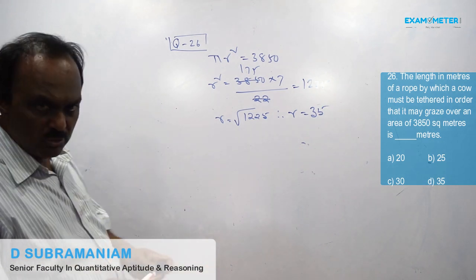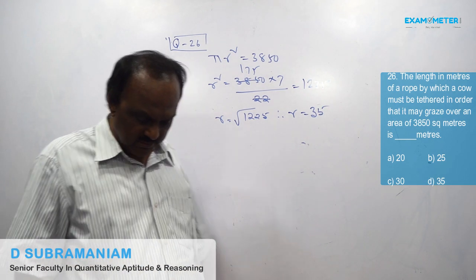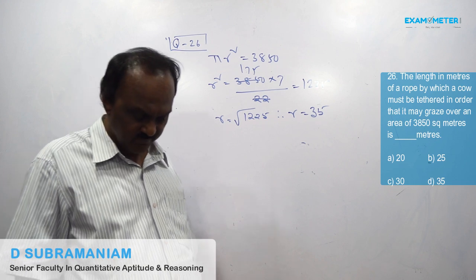So R is equal to 35. That is multiple choice D.